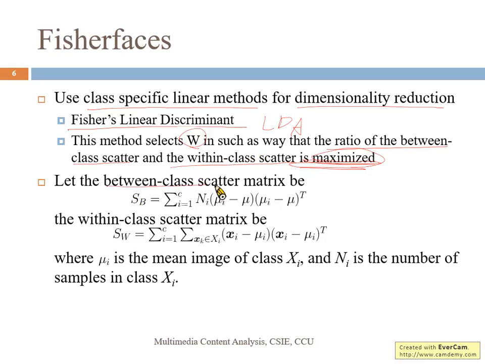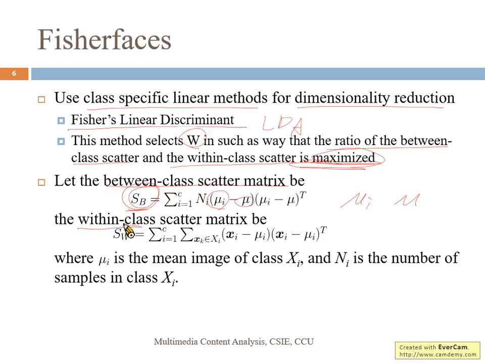So the between class scatter would be this SB. SB is equal to the summation i equal to 1 to C of mu i minus mu, where mu i is the mean vector of the i-th cluster, and mu is the mean vector of all samples. And this is the between class scatter.